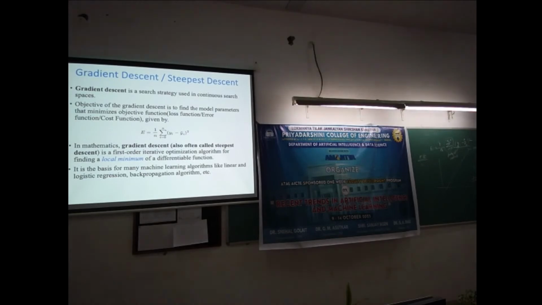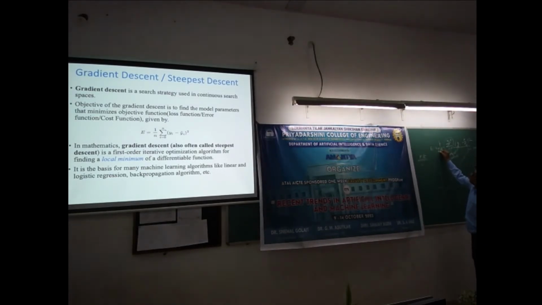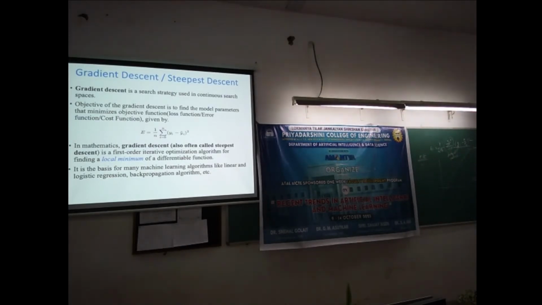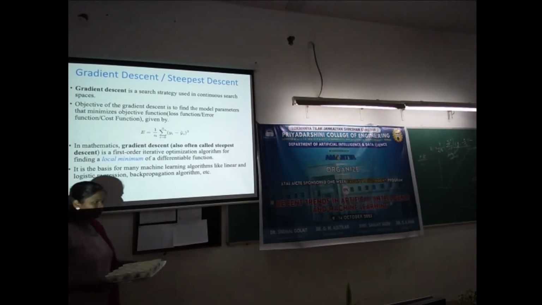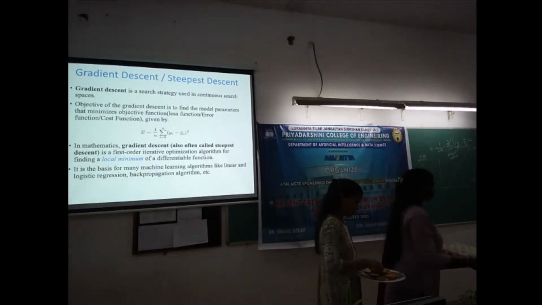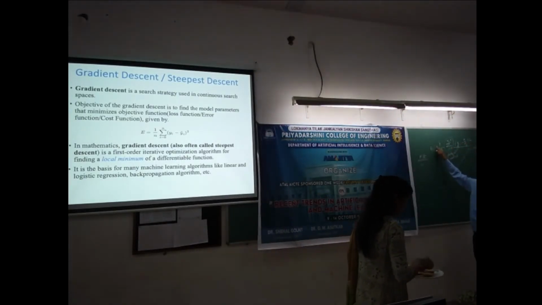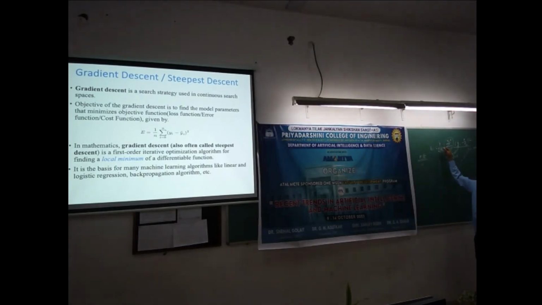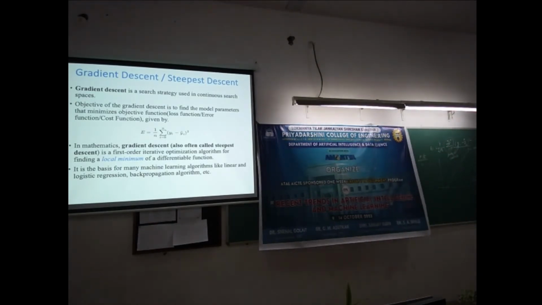One more thing I wanted to say here is that in many books you will find that they take it as 1 by 2n instead of 1 by n. Why? Because in this algorithm you need to differentiate this loss function with respect to the model parameters. When you differentiate, the 2 from the square comes down, and that 2 and the 2 in the denominator cancel, which simplifies the terms ahead.